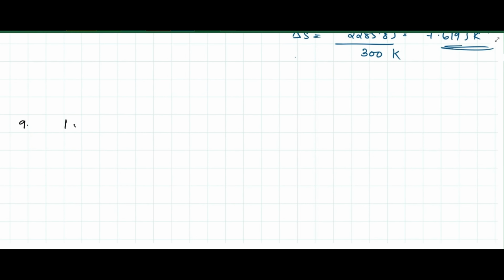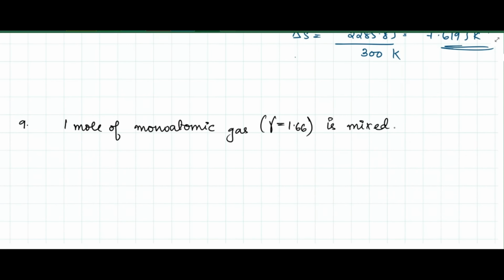1 mole of monoatomic gas, gamma is equal to 1.66, is mixed with 1 mole of diatomic gas, gamma is equal to 1.40.